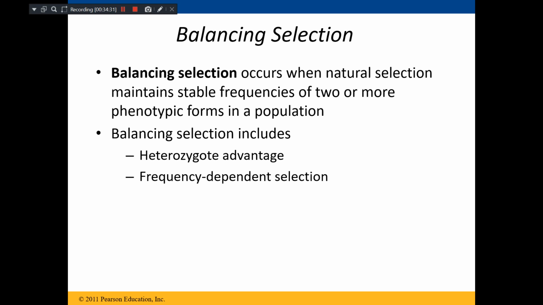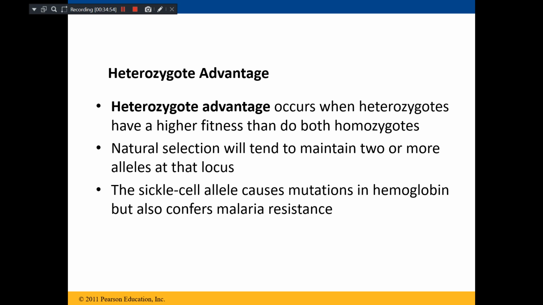Take the example of human beings. Tall people are also there, medium size are also there, short are also there, because they are all stable frequencies and balancing selection will select all of them. Balancing selection includes heterozygote advantage as well as frequency dependent selection.